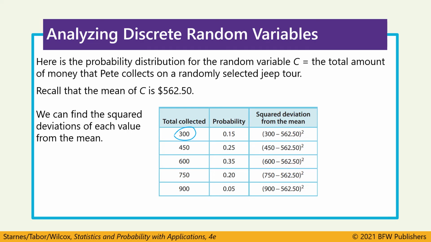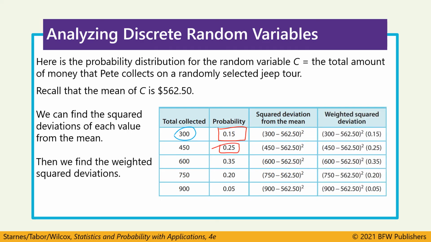We can add these all together, but before we do, we have to take into consideration that these are not all equally likely. Some are more likely than others, so we're going to multiply each value times its probability. We'll see this in this next column here. So these are the weighted squared deviations. By weighted, we mean that we're assigning them to how likely they are to occur.